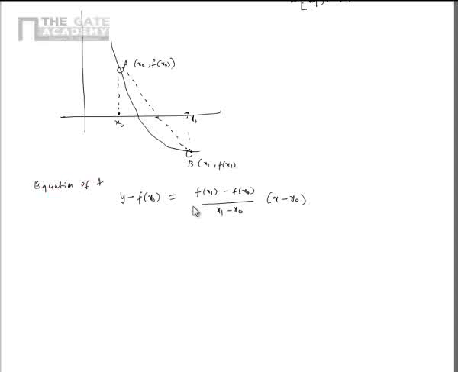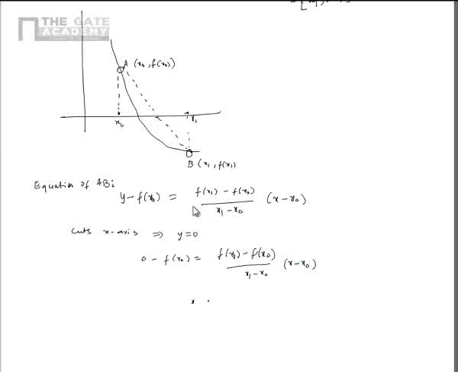Now where does this line cut the x-axis? It cuts the x-axis when y is 0. So at that point, just substituting y equal to 0, I can get x.